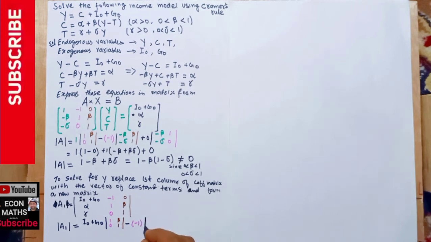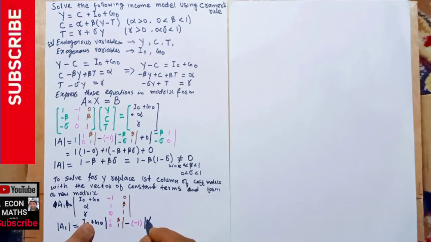Now mentally delete the row and the column in which it appears, and take the determinant of the remaining elements. Now the remaining elements are alpha and gamma, and beta and 1, so I will write beta 1.